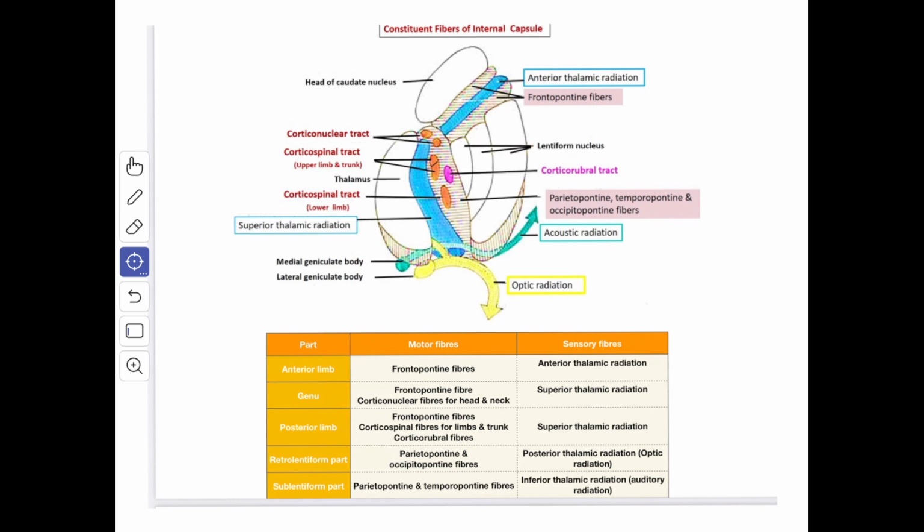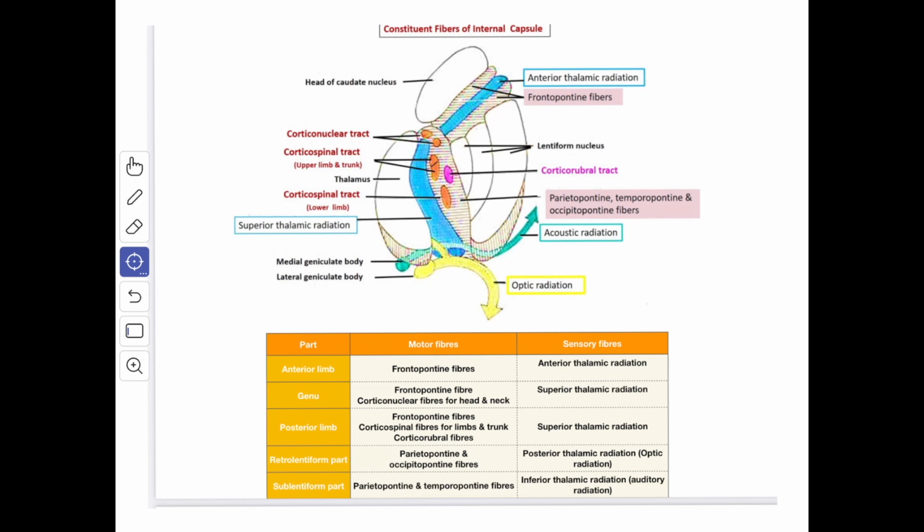Next we'll see the fiber constituents of the internal capsule in the tabular form and the diagram. In the anterior limb, which lies between the head of the caudate nucleus and the anterior part of the lentiform nucleus, you have the frontopontine fibers and the anterior thalamic radiation.